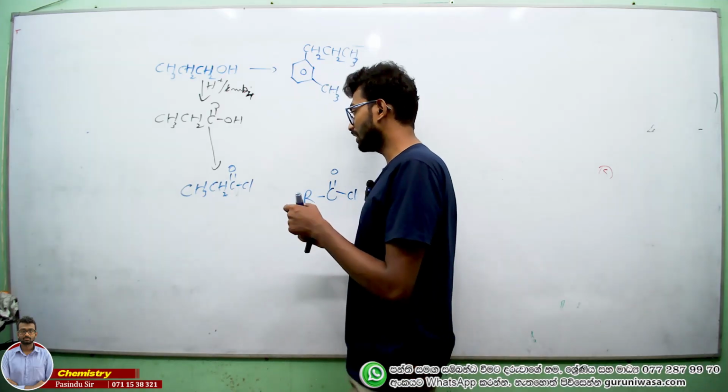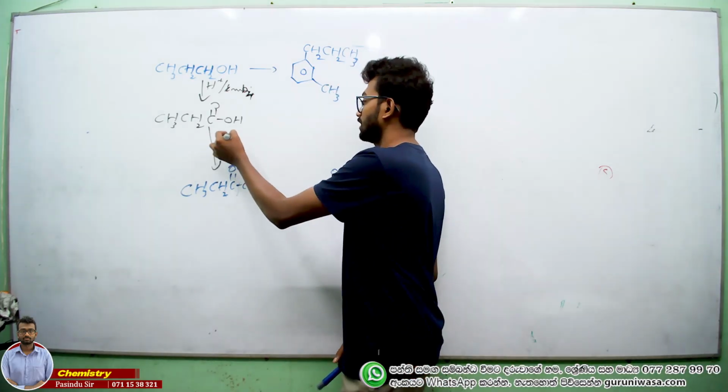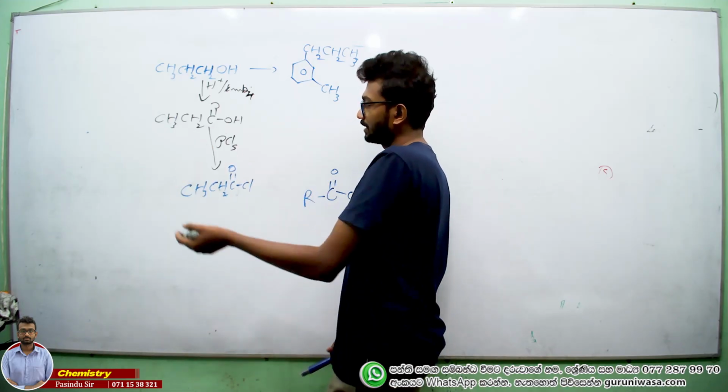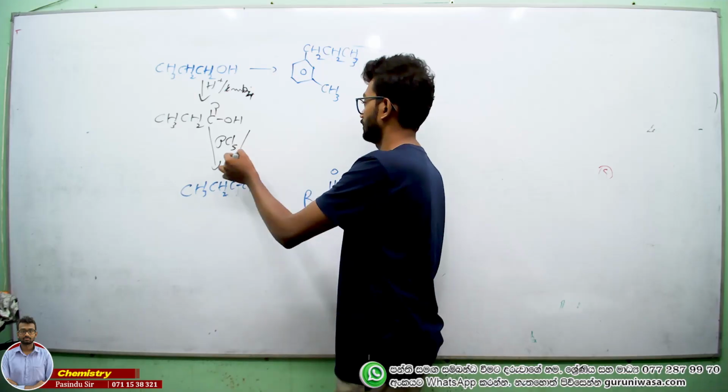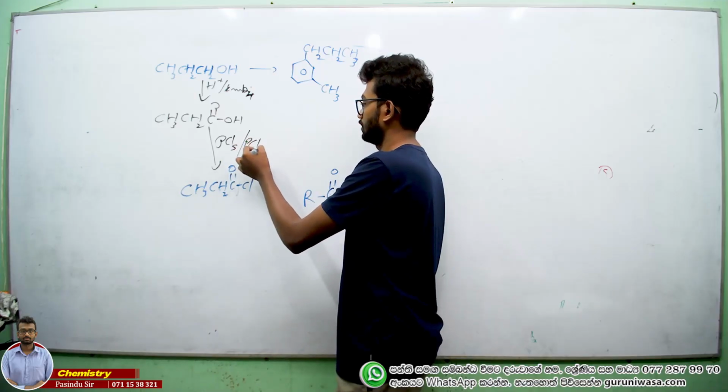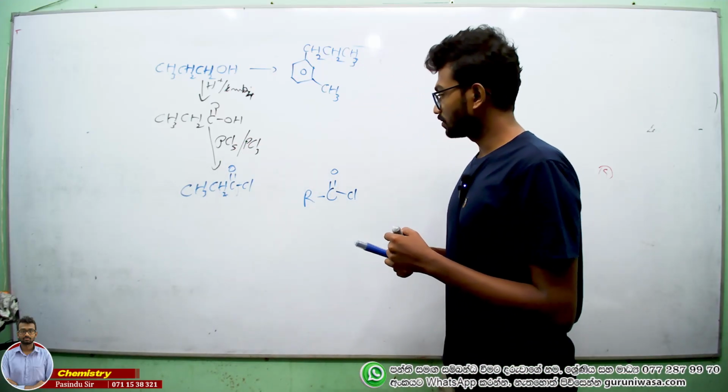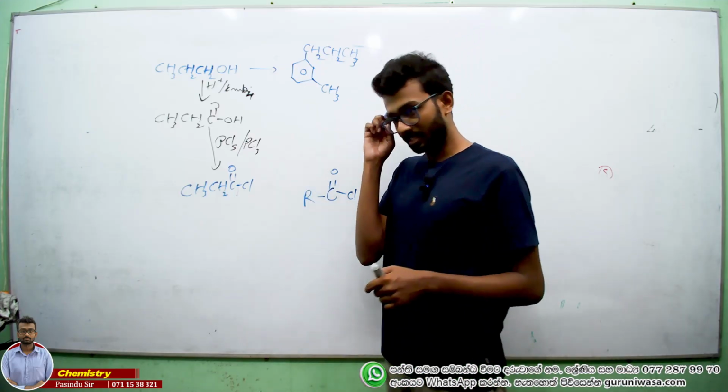How to add Cl? By adding PCl5 or PCl3, something like that. Then you got acid chloride.